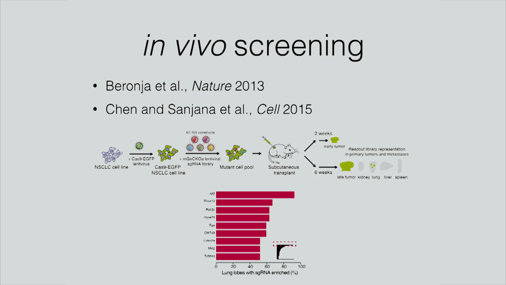Recently, the Sharp and Zhang labs have published first a mouse expressing transgenic Cas9, and then an in vivo screen, not using that transgenic mouse, just introducing lung cancer cells that have been transduced with the library, and then looking at distant metastases from the xenograft.